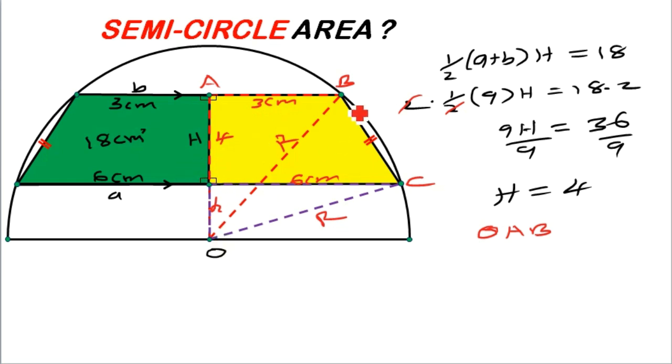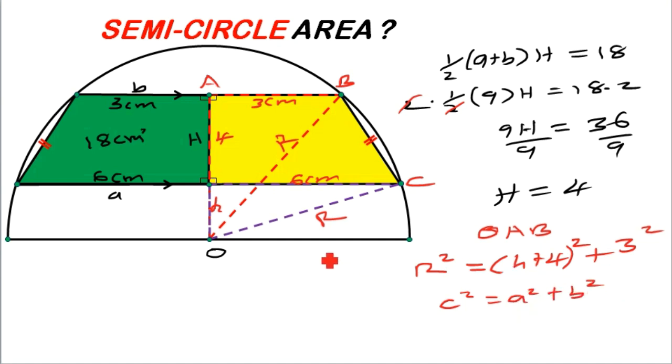So OB squared, which is r squared, equals OA, from O to A is small h plus 4, that is h plus 4 squared, plus from A to B, which is 3 squared. When you use Pythagoras theorem, c squared equals a squared plus b squared. So that is the case when we use triangle OAB, which is a right angle triangle at point A.